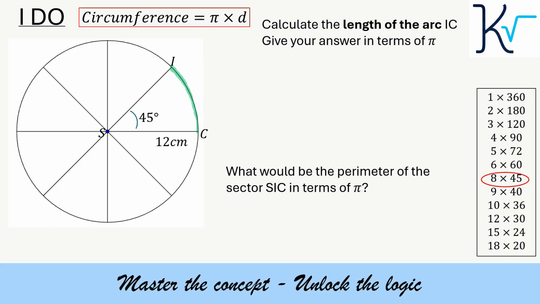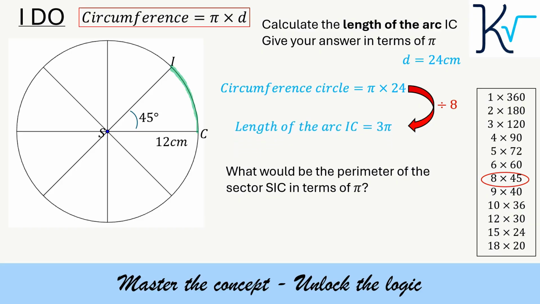Before using the formula pi times d though, we ought to be careful, as 12 centimeters here is clearly the radius of that circle. However, it is the diameter we need for the formula. As the diameter is twice the radius, we are simply going to multiply 12 by 2, which gives us 24. We apply the formula and we write pi times 24 for the full circumference. Then we divide by 8 and we get 3 pi.